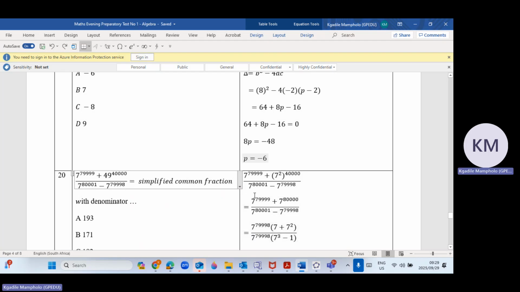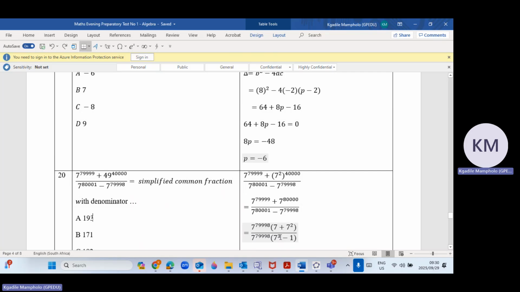So when you take it out, you will have 7 to the power 1, because 79,999 minus this one will be 1. Here minus this, this one will be 2. Here minus this one will be 3. So here you took it as it is, then here is 1.